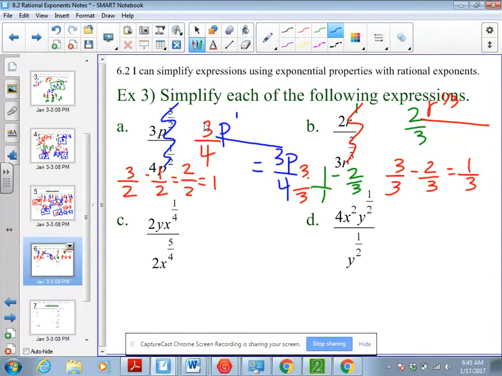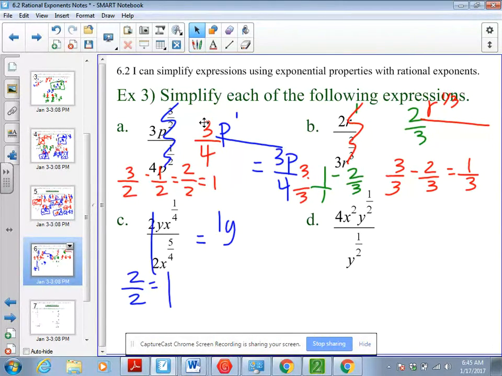In example C, if I look at my coefficients first, I've got 2 over 2. We know that 2 over 2 is 1. So far I've got a 1 in the numerator. Now, my y, I don't have two y's, so I'm just going to leave that y in the numerator. It doesn't have anything to go with it.